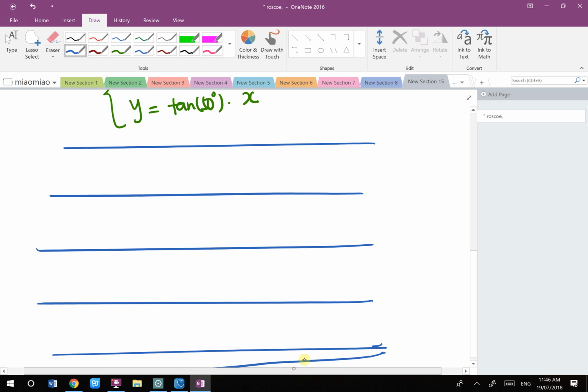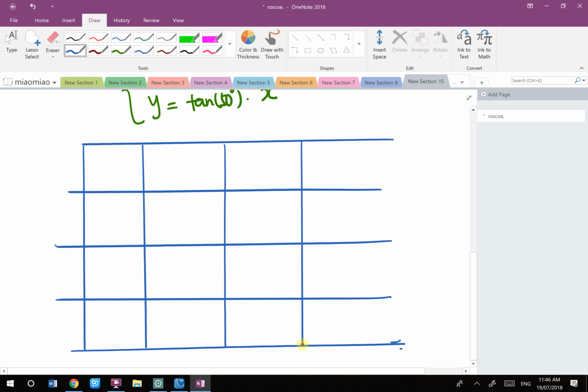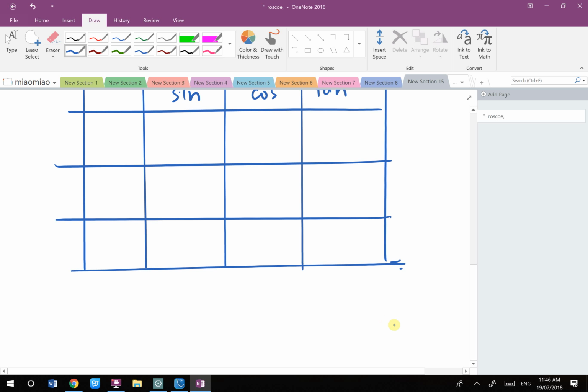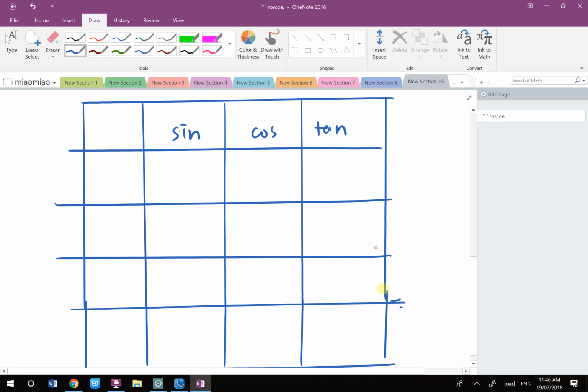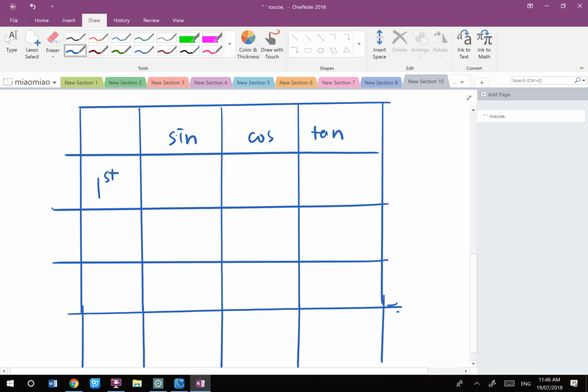Okay, I want a table like this. This is the first quadrant angle.